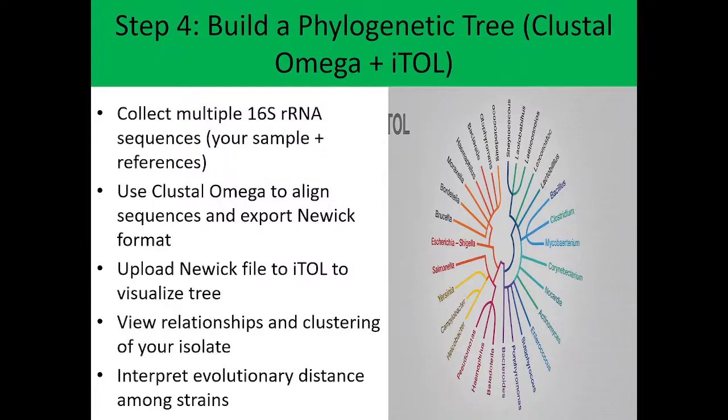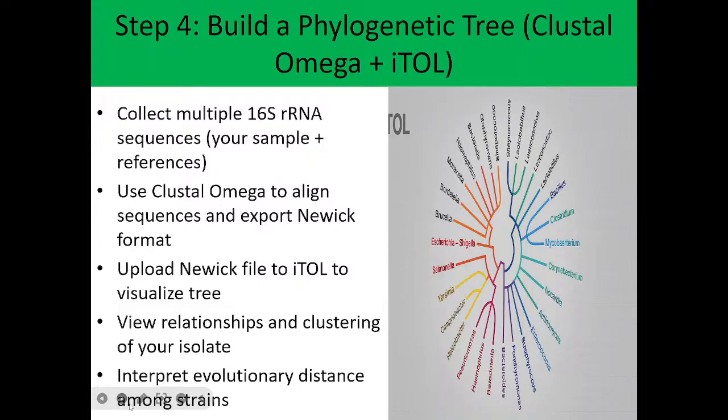When you look at the image that you have here, you will see that it is appearing in form of a kind of clustering of your isolates. Those that are very similar will belong to a very close cluster, and those that are apart will stay far from there. Then you interpret your evolutionary distance among the strains.